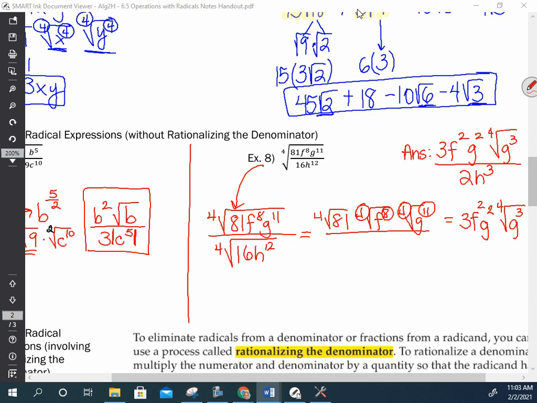Bottom works the same way. Fourth root of 16, fourth root of h to the 12th. Fourth root of 16 is 2. 4 goes into 12 3 times. H to the 3rd.